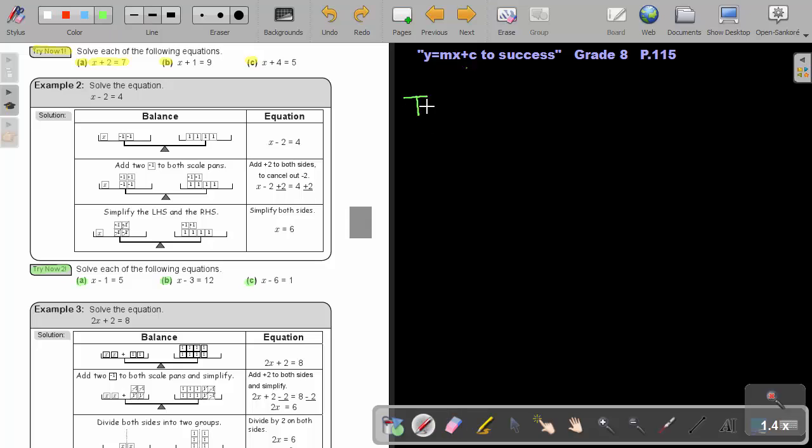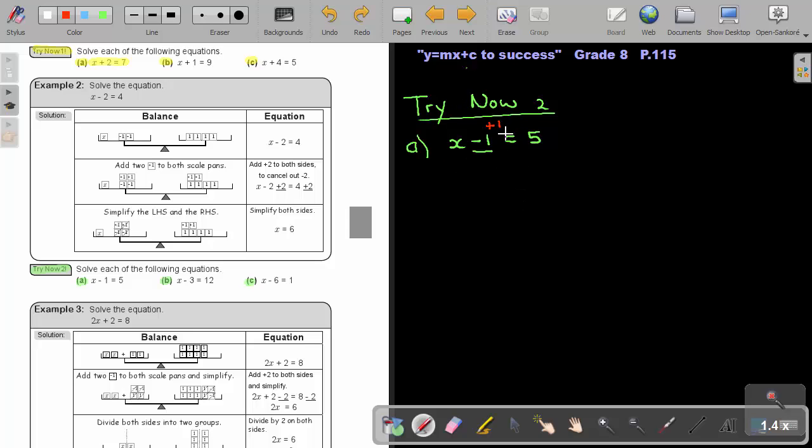Okay, so this is try now 2. Let's start with number A. So it's x minus 1 equals 5. Okay, now let's look at it. I want x to be alone. So remember, there's not standing 1, there's standing negative 1. So I want to get rid of this negative 1. Now what will cancel negative 1? The additive inverse, which is positive 1.